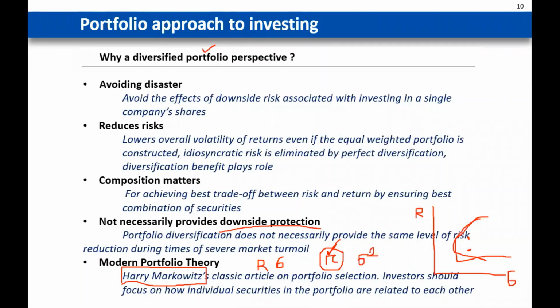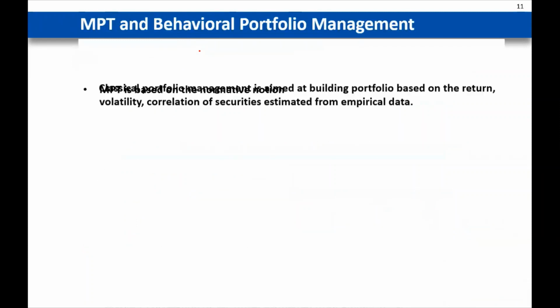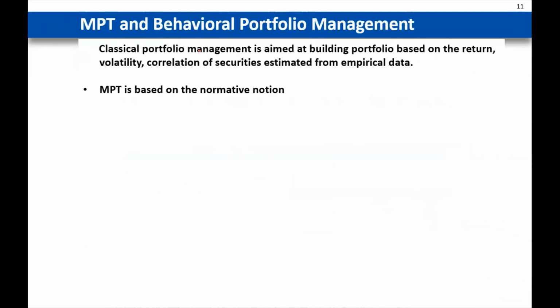So this modern portfolio theory is also known as the first theory of finance, and Harry Markowitz is known as the father of classical finance, and his concept is based on the portfolio concept of making investment. Have you got the point? So what is suggested by classical portfolio management?